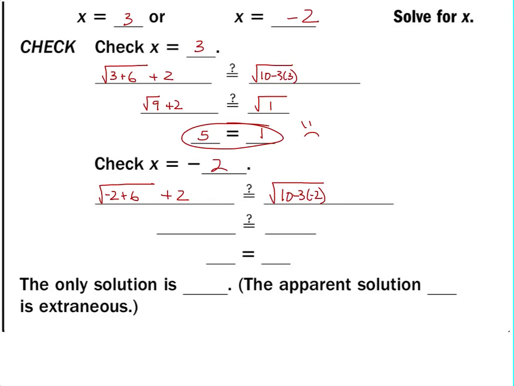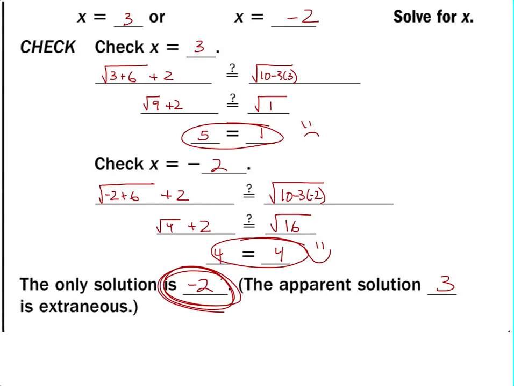So on the left, we're talking about square root of 4 plus 2 equals square root of 16. On the left, that's 2 plus 2, that's 4. Square root of 16 is 4. And this is happiness. They actually work. So the only solution is negative 2. The apparent solution, 3, is extraneous.